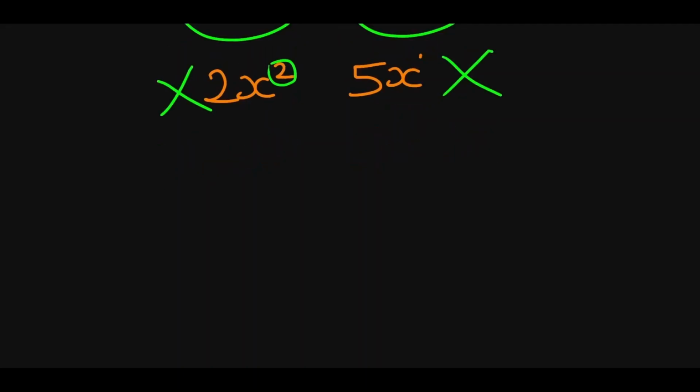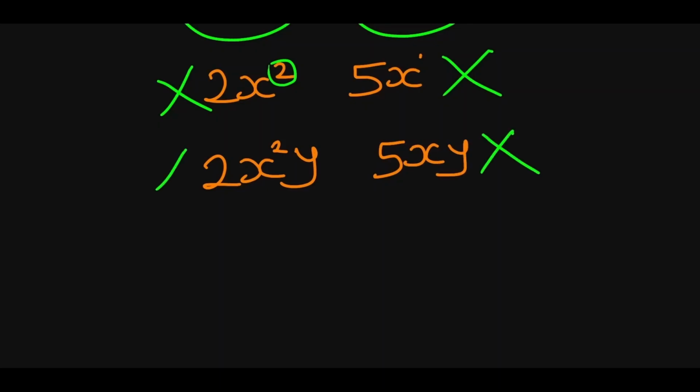Now let's introduce something that we didn't mention in lesson 1 but is relevant to mention here now. If you had 2x squared y and 5xy, then these are also unlike terms because the x here has raised to power 2, the x here has 1. Even though the y is raised to power 1, it already makes it an unlike term. So this is just a refresher.